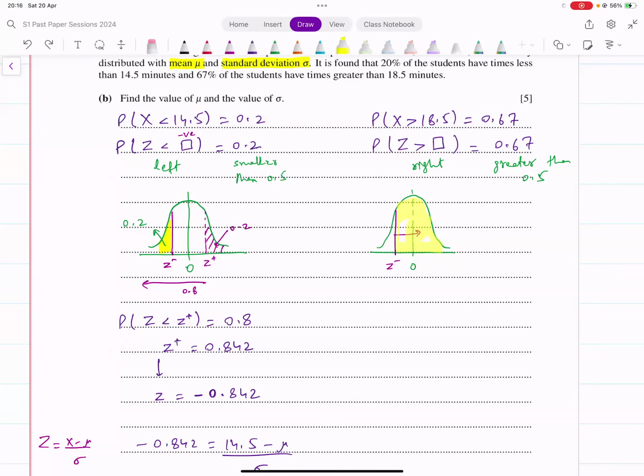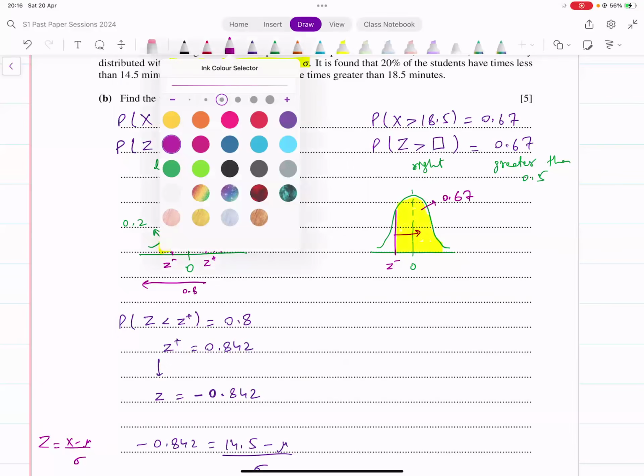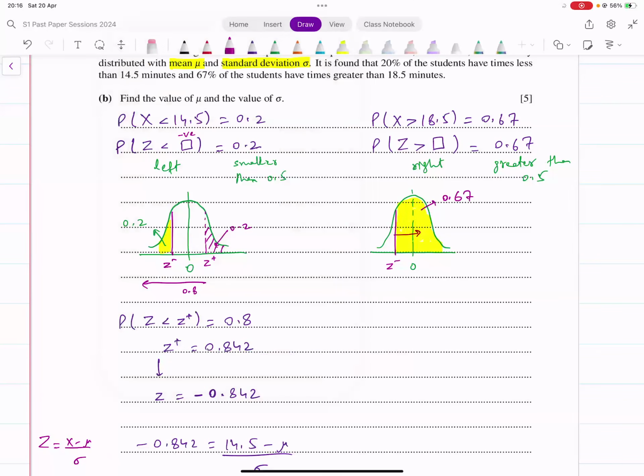Now, since that area is 0.67, if you flip this, this area, remember, is 0.67, the yellow region. But this is not the standard form. We need to convert it to standard form. We flip this for that. When we flip this, that gives us that the area to the left of the positive z value is also 0.67.